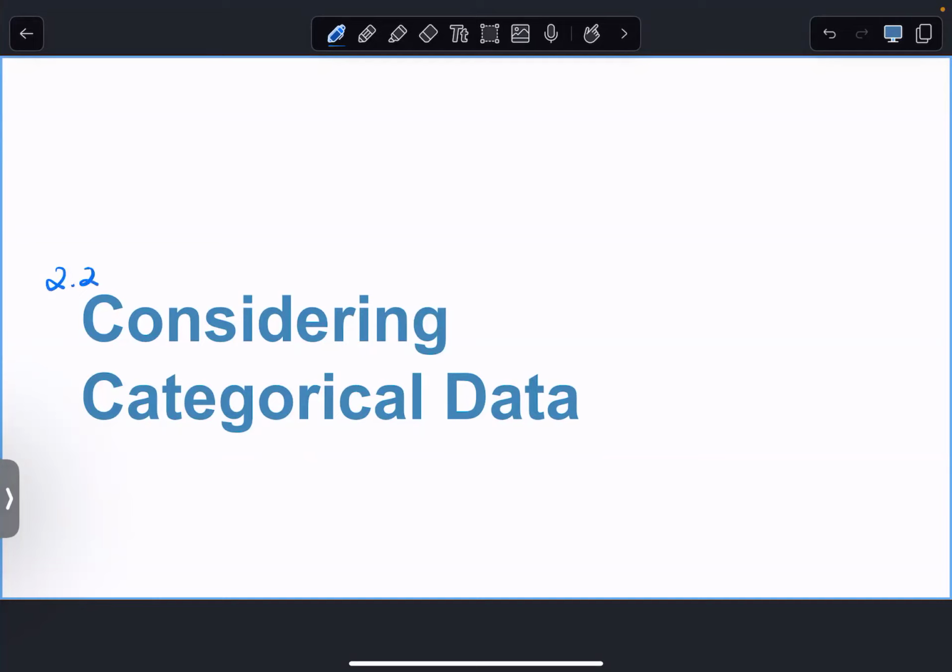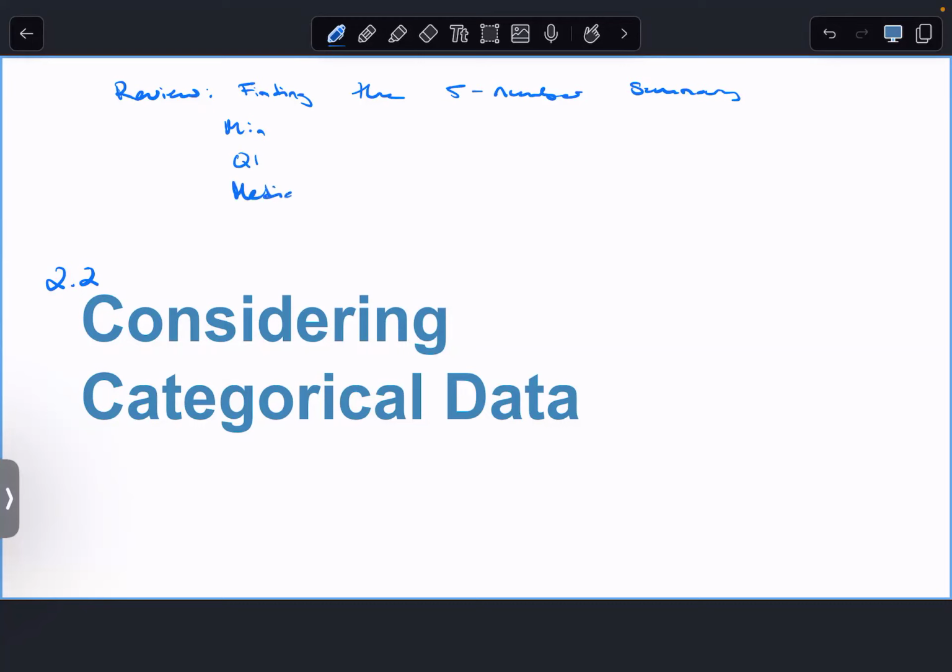So 2.2 is categorical data, but just in terms of review, we focused on the quartiles and the 5-number summary. And so finding the 5-number summary, which is the minimum, Q1, the median, Q3, and the maximum.